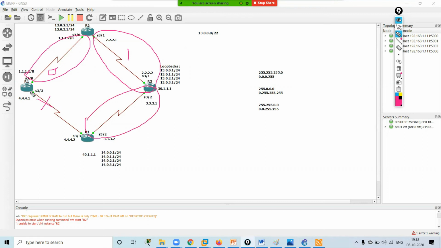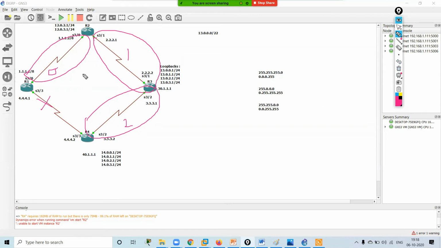You can have a physical link between the area 0 and area 2 routers. There should be a physical link between the two areas. Got it? This is the second solution.